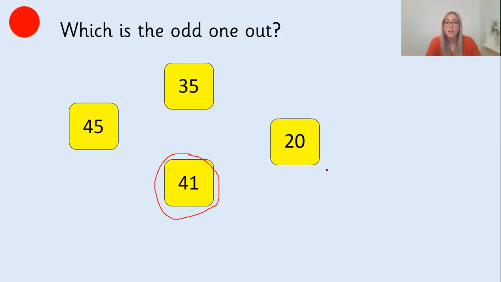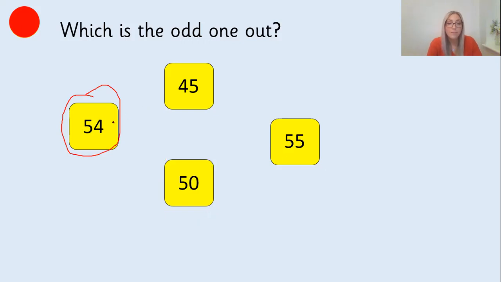Whereas 41, the last digit is a 1. The next one, the last digit that I have for 54 is a 4, whereas the rest are a 5 or a 0. So 45, 55 and 50 are all in the 5 times table when we count in fives. That means 54 is the odd one out because it's not in the 5 times table.